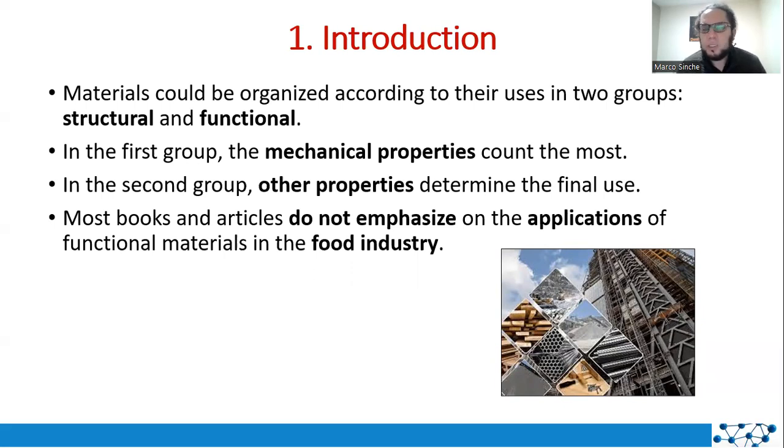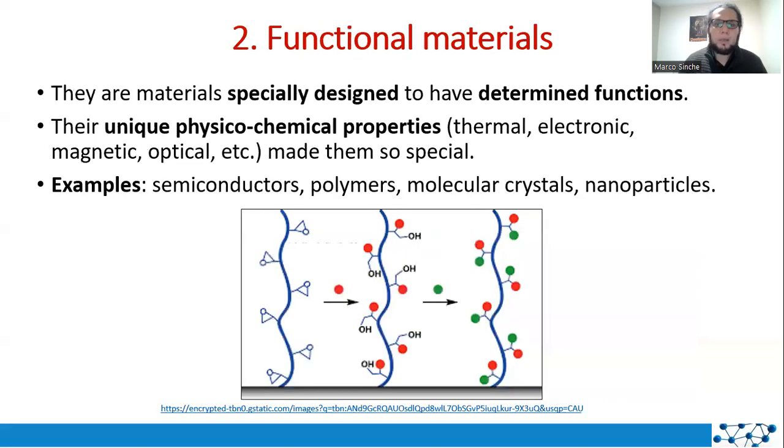And it is also important to mention that in most books or articles that talk about functional materials, the food applications are not taken into account, but this could change in the future.